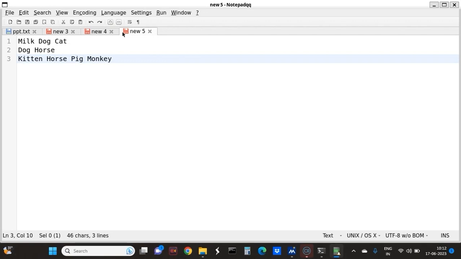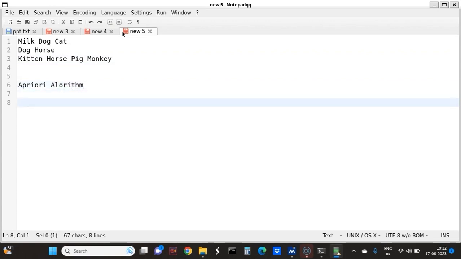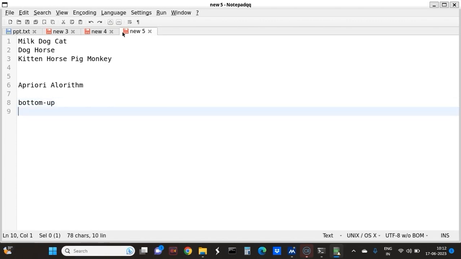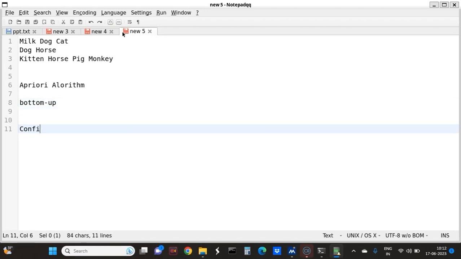So now we are going to study the Apriori algorithm. The Apriori algorithm starts with a bottom up approach. Suppose my confidence percentage is 80.